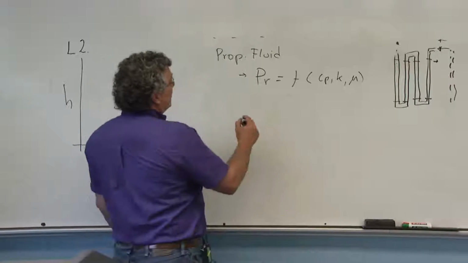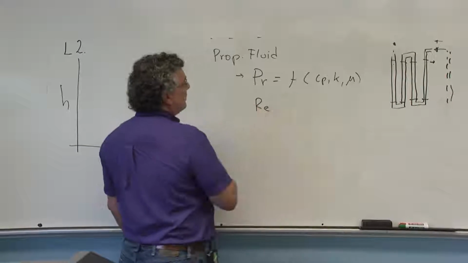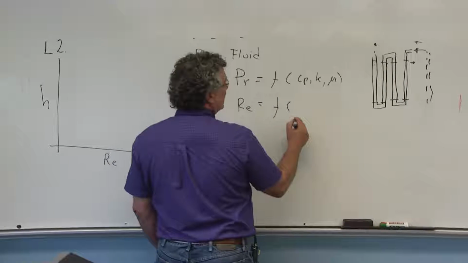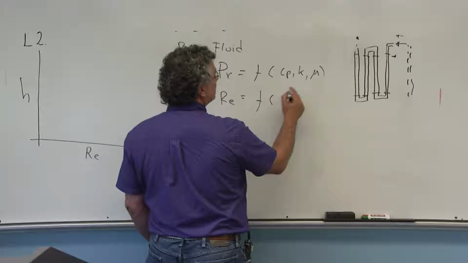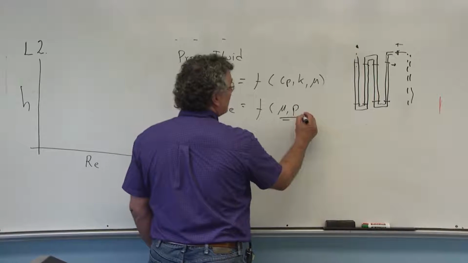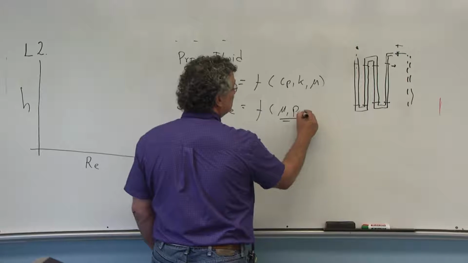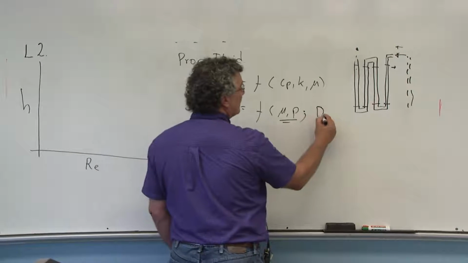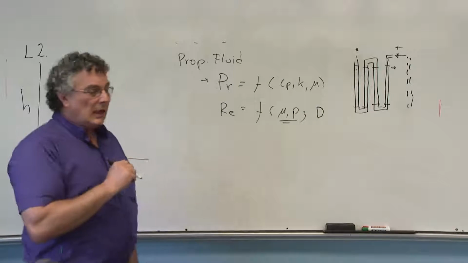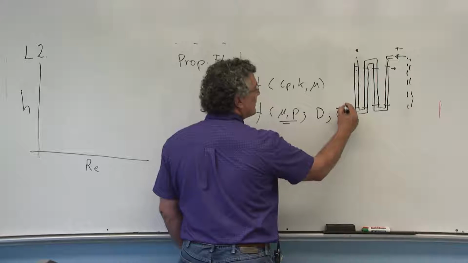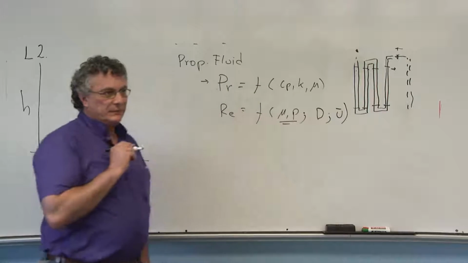The Reynolds number also includes some of the characteristics of the fluid, because it's a function of the viscosity and the density, but it's also a function of the geometry of the system, because it contains a term for the diameter, and is also a function of the operational conditions, because it contains the average velocity.